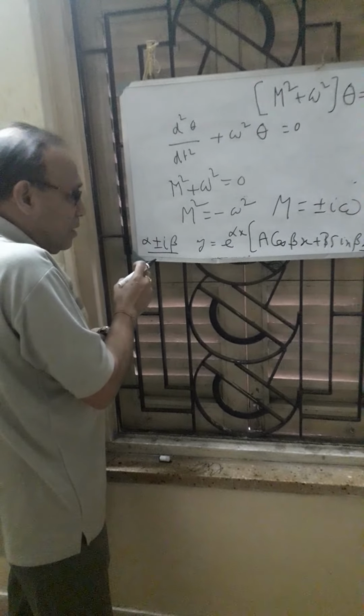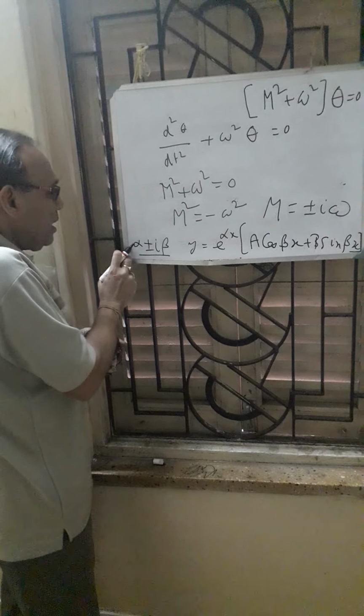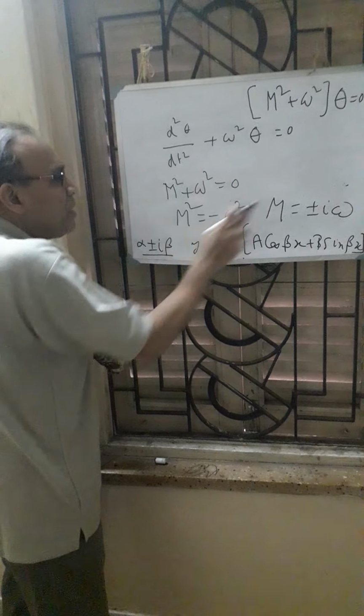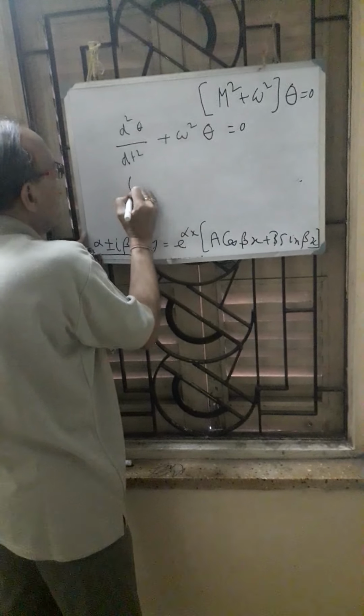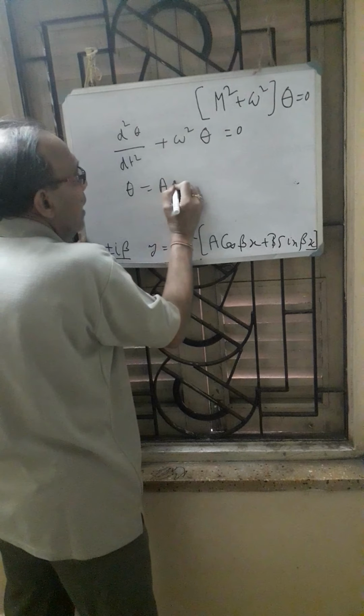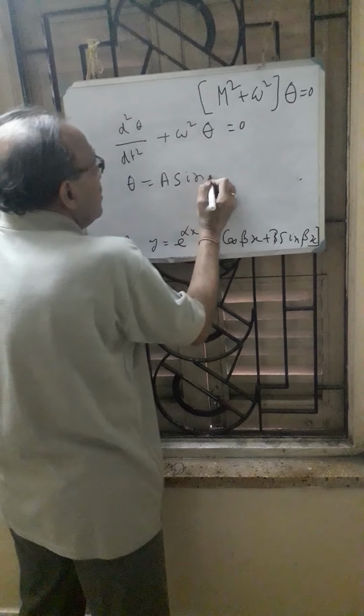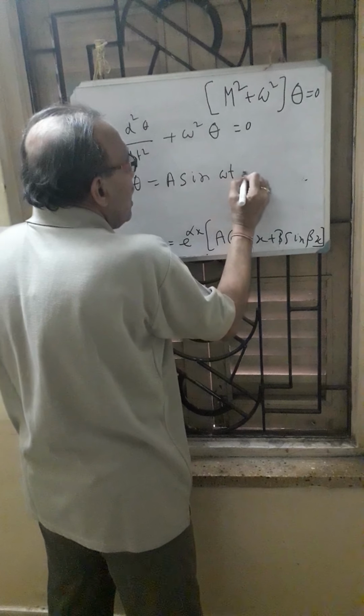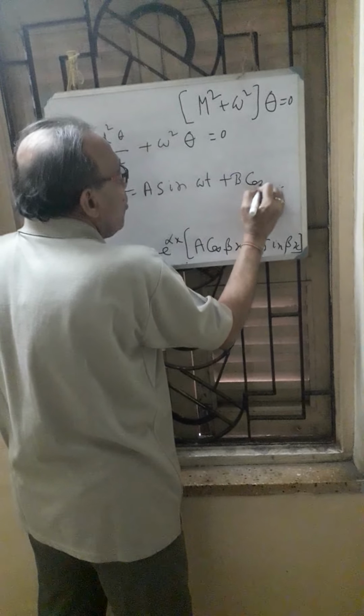When I compare, I get alpha equal to 0 and beta equal to omega. I realize only the sinusoidal part will stay, and therefore I can at once write my solution as theta equal to a sin omega t plus b cos omega t, where a and b I have to find out. Therefore I say it is sinusoidal.